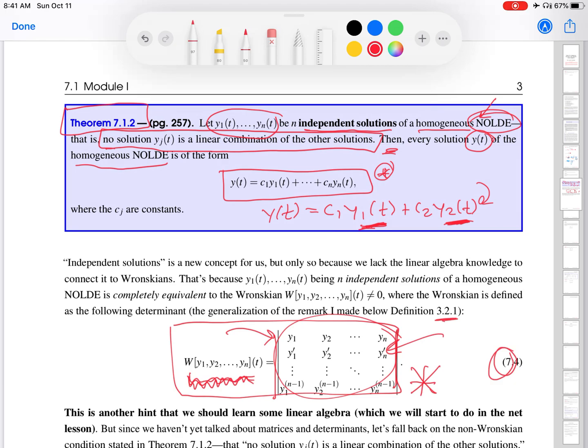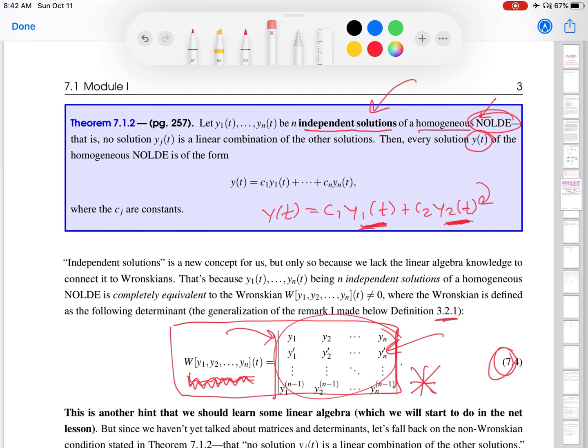So this will turn out, as I say here, to be an equivalent way of getting to the same general solution conclusion, which is to require that no solution is a linear combination of the other ones. Okay, so that's why we care about this property of no solution is a linear combination of the other ones.